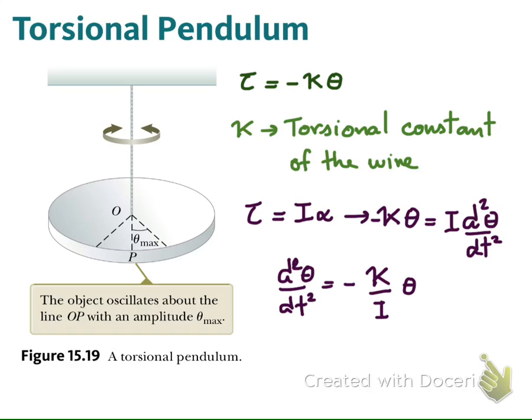Since the mathematical form of this equation is very similar to the spring case, we can expect the same form of the solution for theta. So we must have that theta of t is equal to theta max, the maximum value of the angle, cos of omega t plus phi.